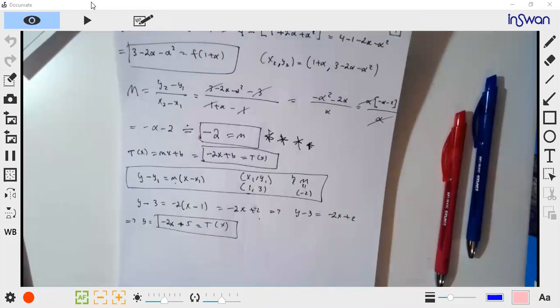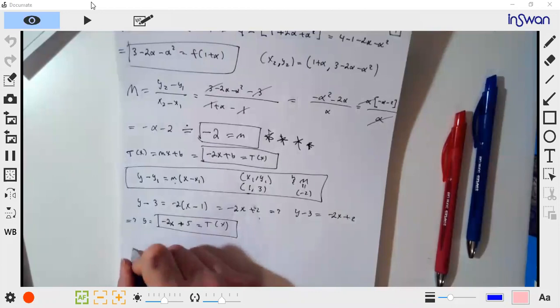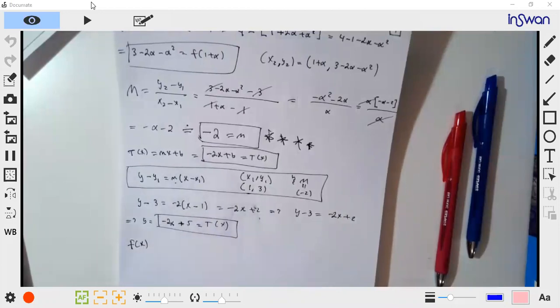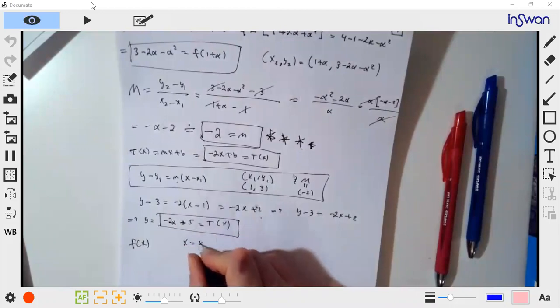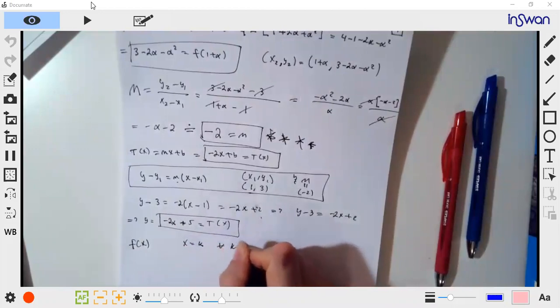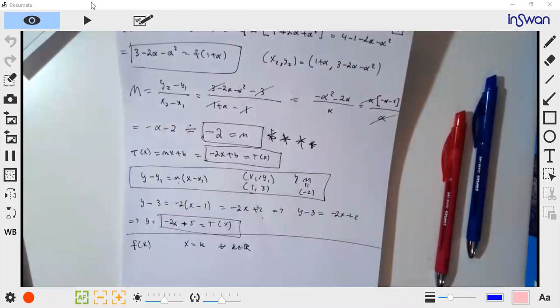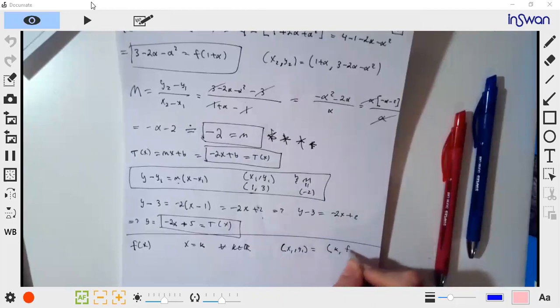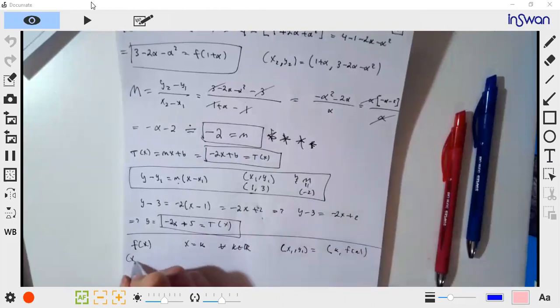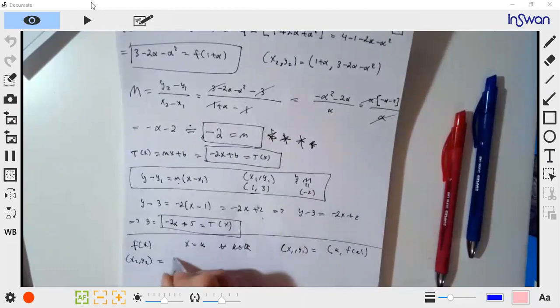Okay, so notice that we can generalize this fact to any function. Let's say we got some f of x. Let's say we got x is equal to k, all right, for any real number k. Notice that our x1, y1 can be k, f of k, and our x2, y2 can be k plus alpha, f of k plus alpha.